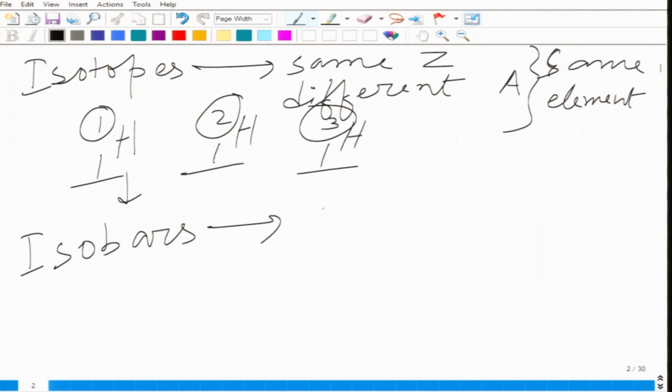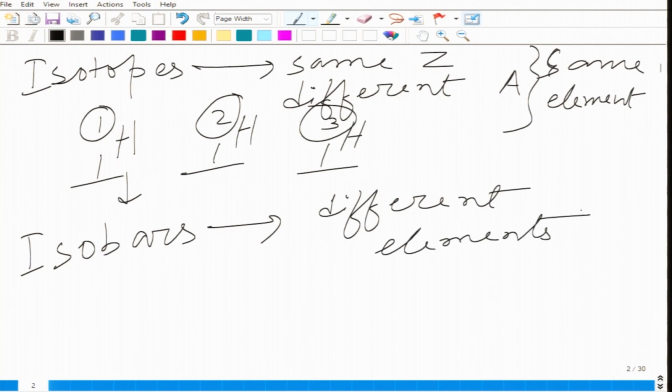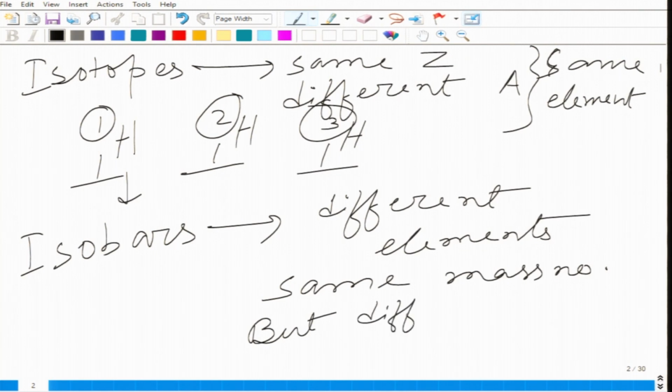What were isobars? Isobars were different elements which had the same mass number but different atomic number. Okay.